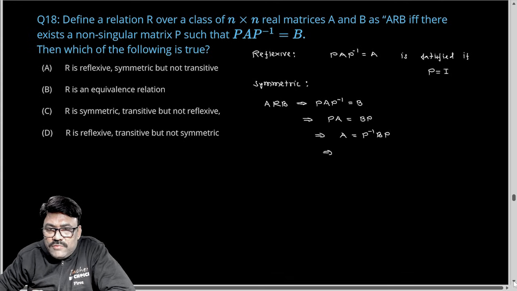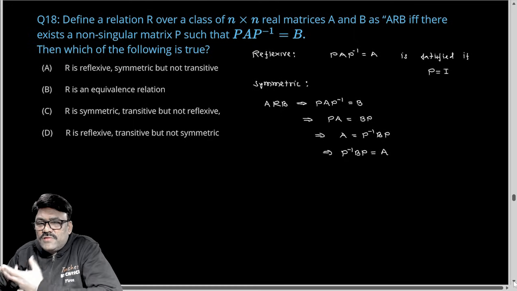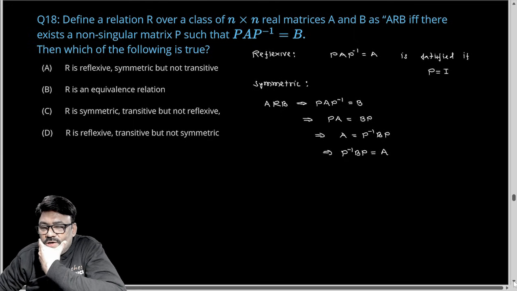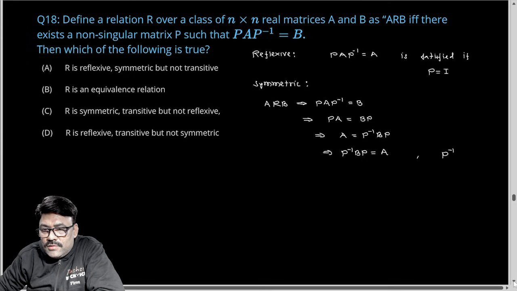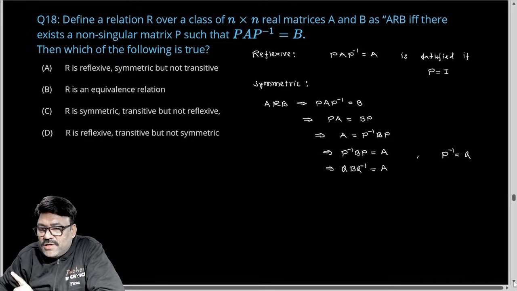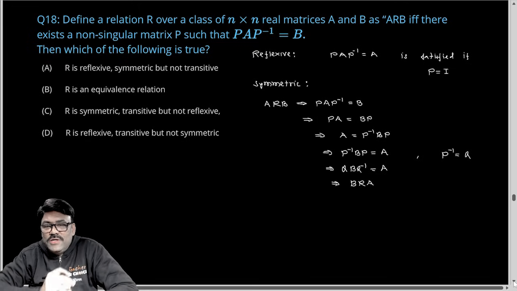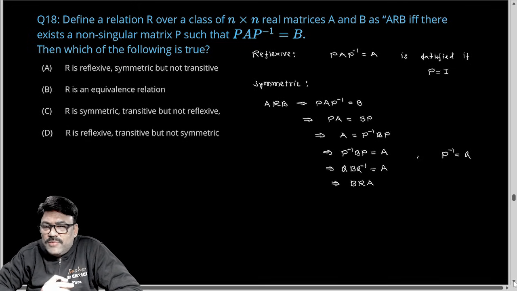So see, I'm getting P inverse B P is equal to A. Let's suppose P inverse as matrix Q. So this will become Q B Q inverse is equal to A. So see, there exists a matrix Q such that Q B Q inverse is equal to A. So hence you can say that B is also related with A. If A is related with B, then B is also related with A. Means the relation is symmetric for sure.